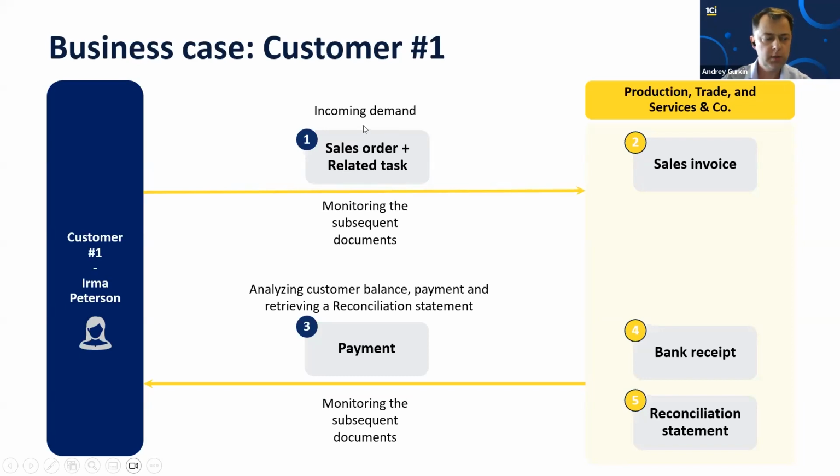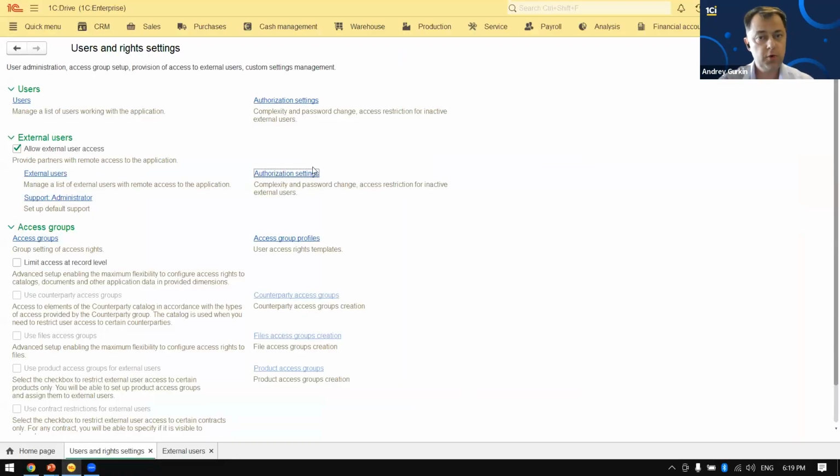So Irma wants to order some product, for example, to buy something from this production, trade and services company. But first of all, we should decide what exact products should be there.